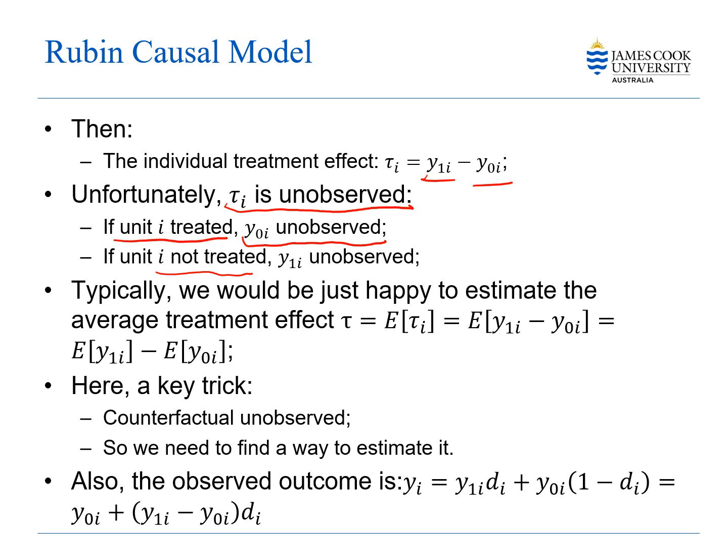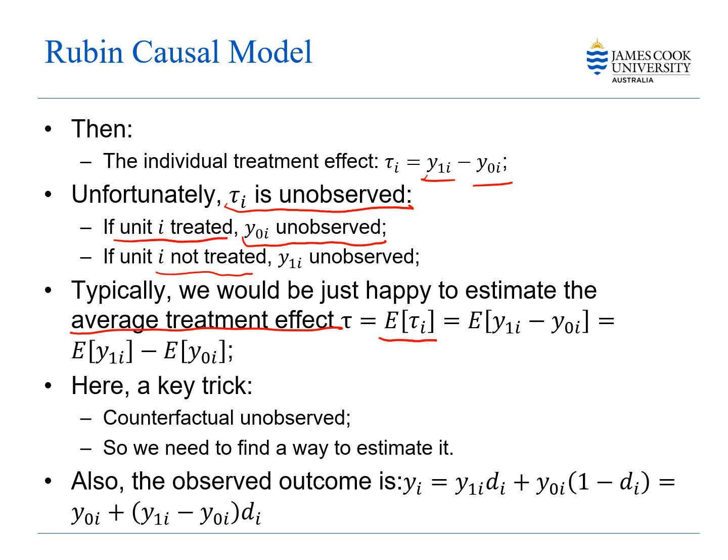But Y1i is unobserved. So in either situation, we always have the counterfactual unobserved. So we cannot estimate tau i. Typically, we would be just happy to estimate the average treatment effect, or sometimes average other quantities such as the average treatment effect on the treated.